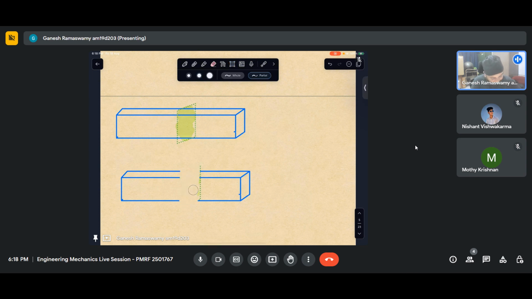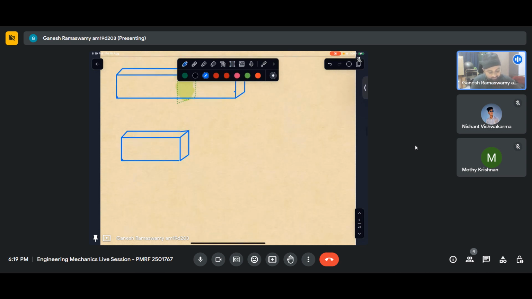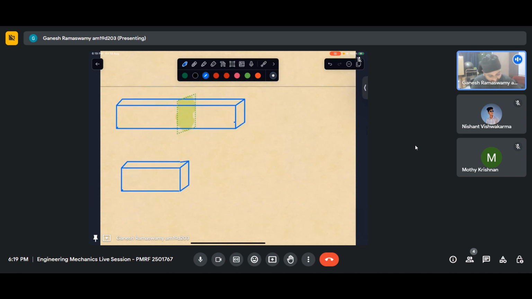So essentially I have cut this here, so I'll have something like that. Let me just connect this, and I'll have the other section which will look something like that.